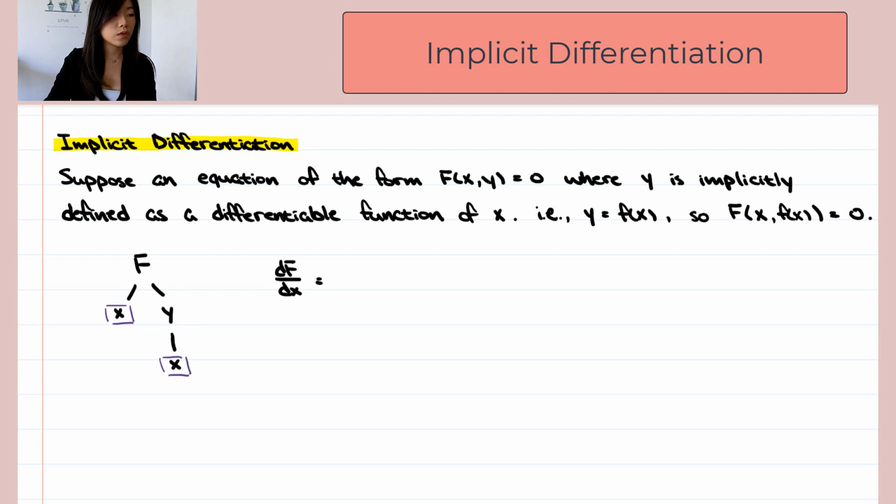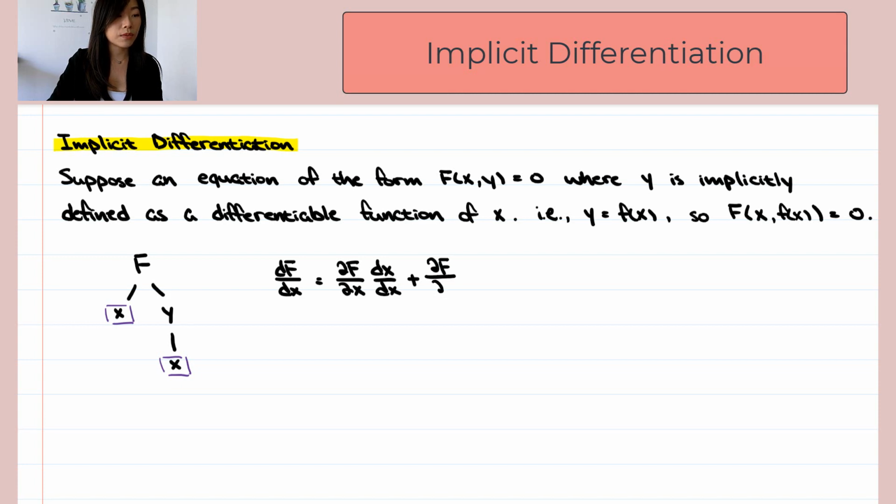So this equals the partial derivative of f with respect to x times dx over dx, plus, along the other branch, the partial derivative of f with respect to y times dy over dx.